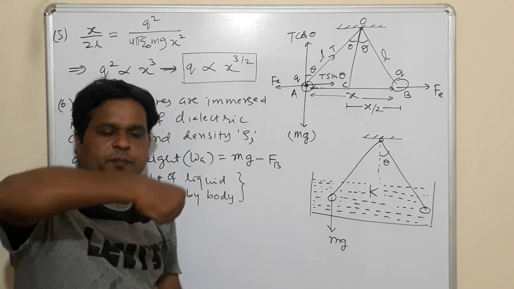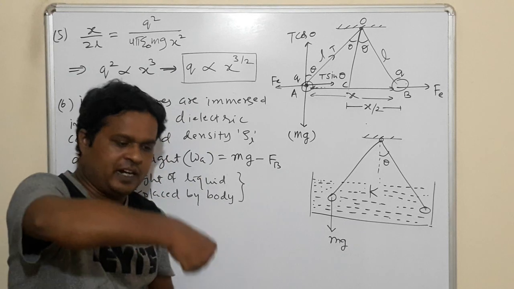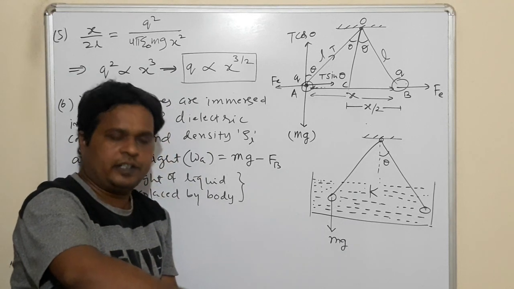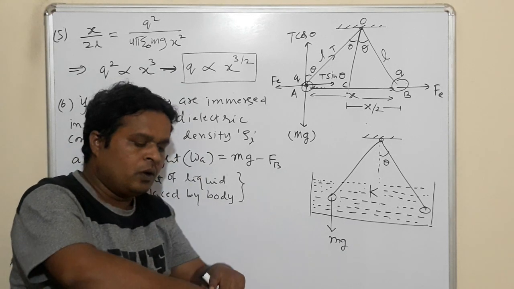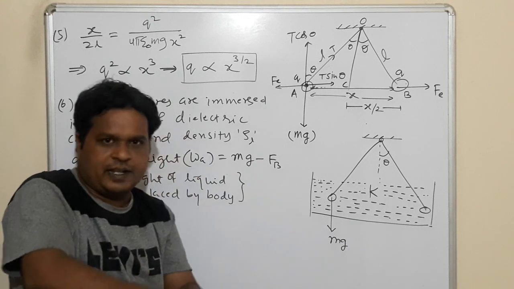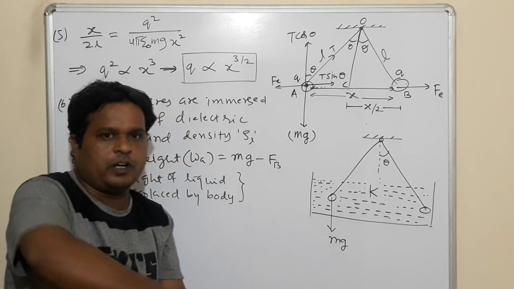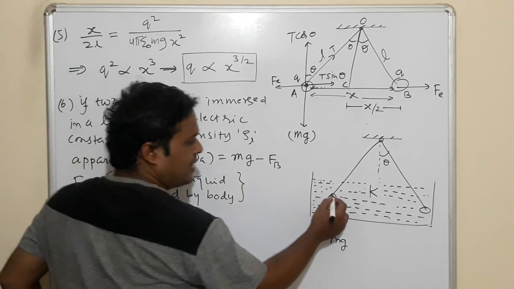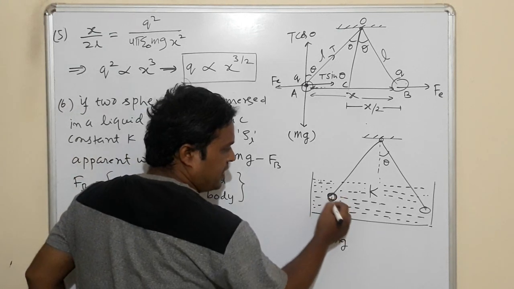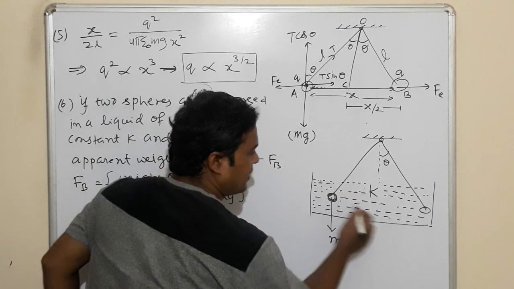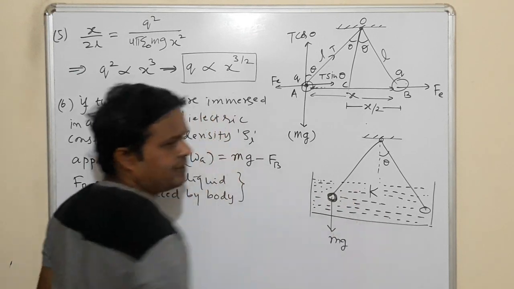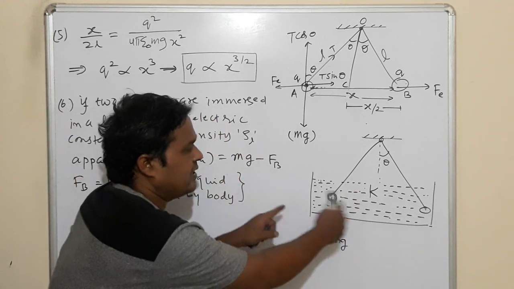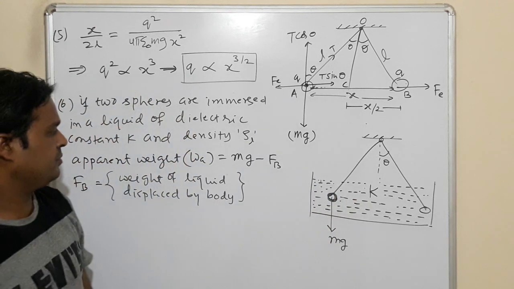See, suppose if I dip my hand in the liquid, in a tub containing water, whatever the size of my hand is there, that much liquid will be displaced away. That means whatever the volume of this sphere is there, that much liquid will be moving aside. That means that much liquid is displaced by this sphere.